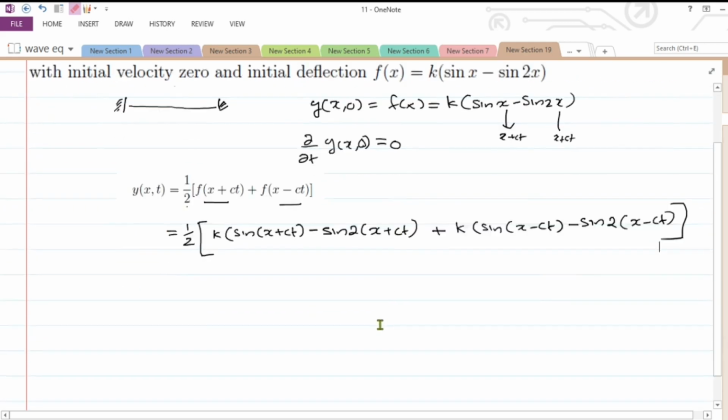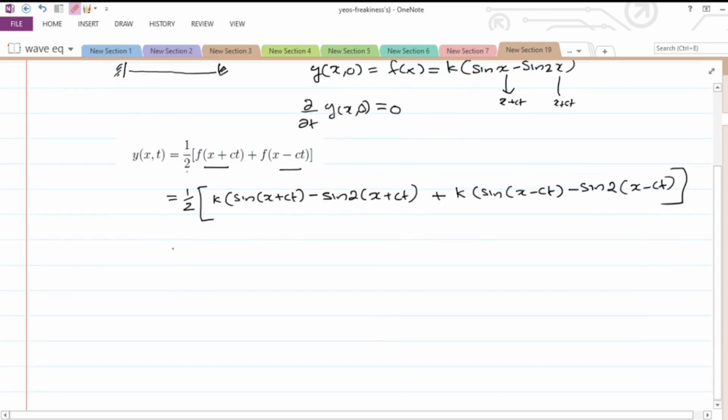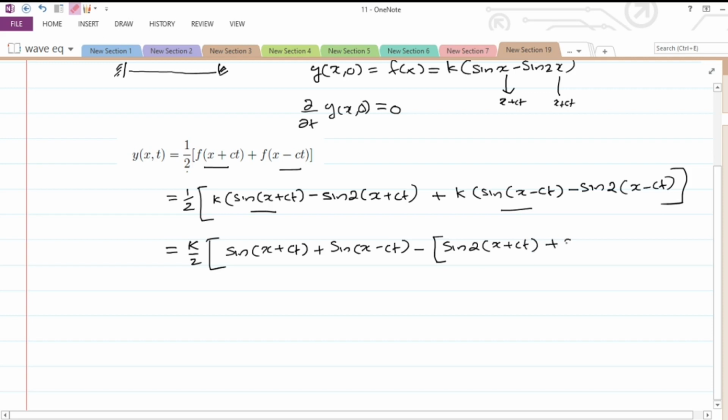Now we have to simplify and solve to find y of x,t. First of all we can take k outside, so k by 2 into, and take the terms sin of (x plus ct) and sin of (x minus ct) together: sin(x plus ct) plus sin(x minus ct), minus, taking the minus outside, sin 2(x plus ct) plus sin 2(x minus ct).